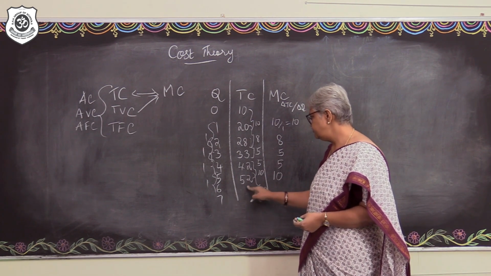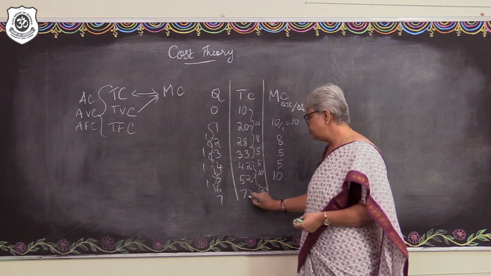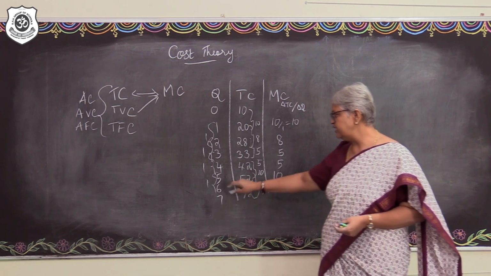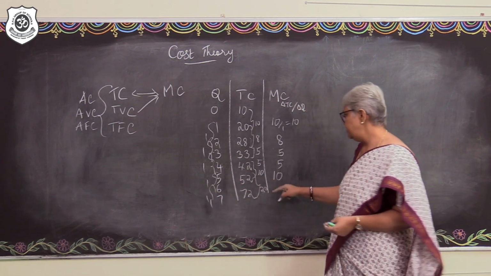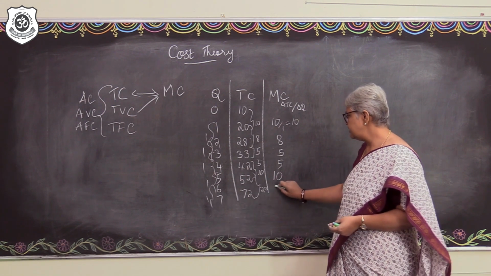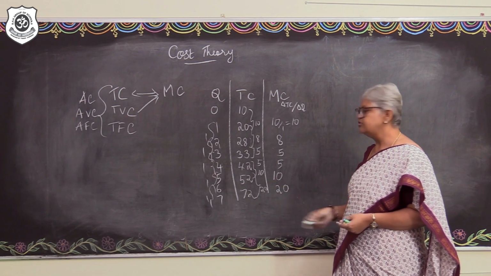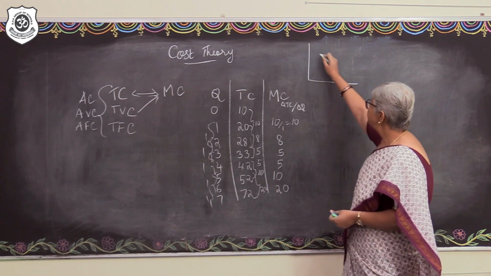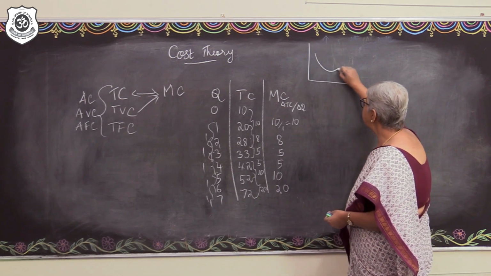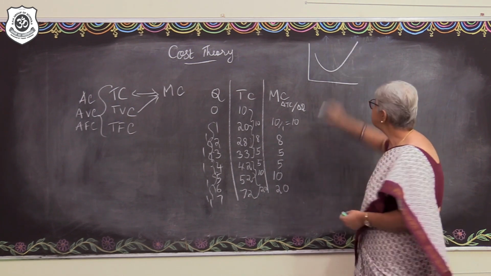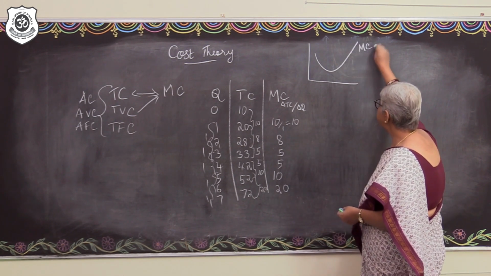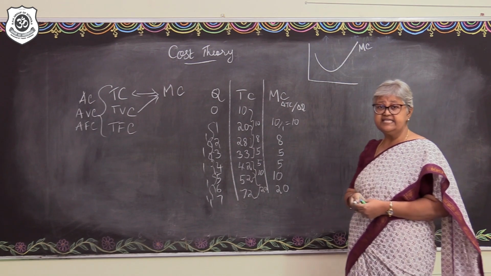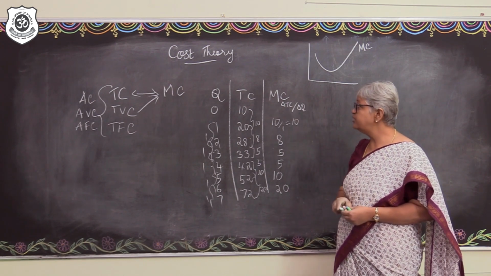So this is going to be 52 plus 20, 72. So the change is 20. Here the change is 1. So maybe 20 by 1, that's going to be 20. So what do you understand here? The marginal cost, right? Falls and then it increases. Right? The marginal cost falls and then it increases. This is something you have understood already.